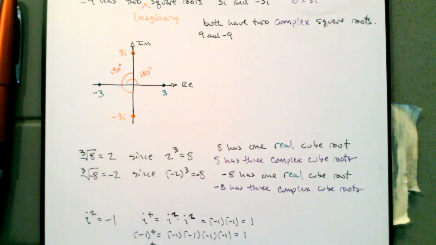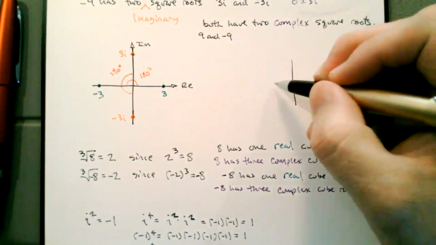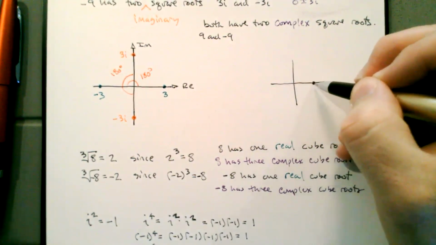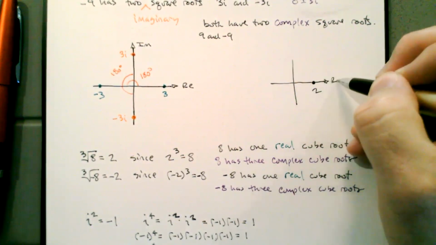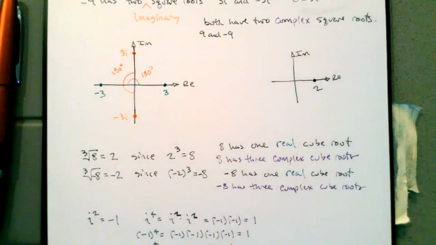One of my cube roots of 8 is at 2. How far apart are my cube roots going to be?